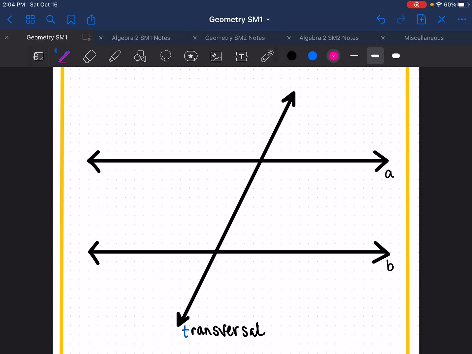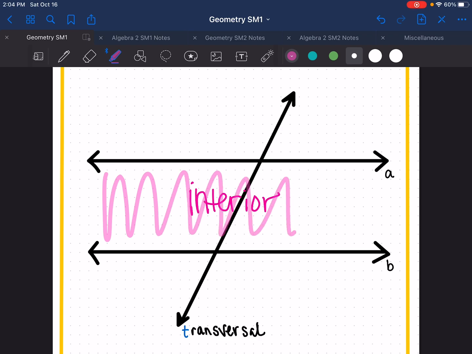The ones in between lines A and B, these 4 angles right here, are going to be called my interior angles, because as you've guessed it, they are inside between the two parallel lines A and B.